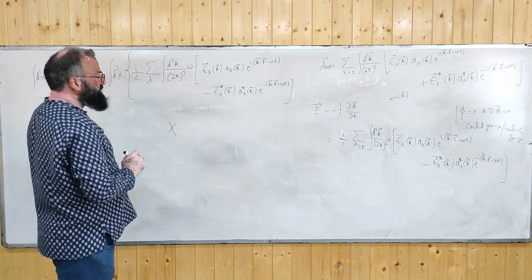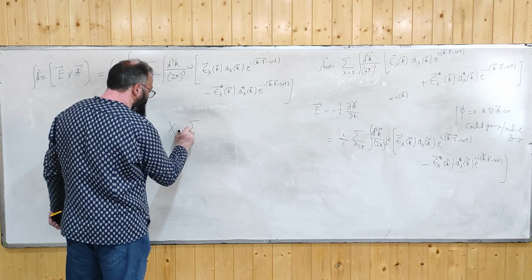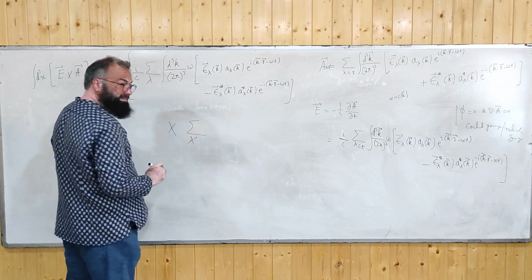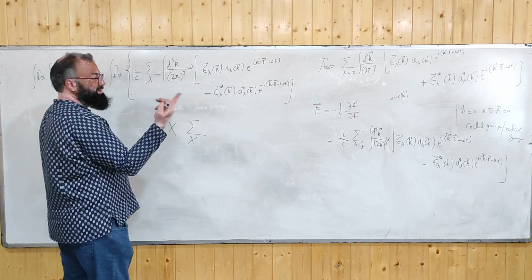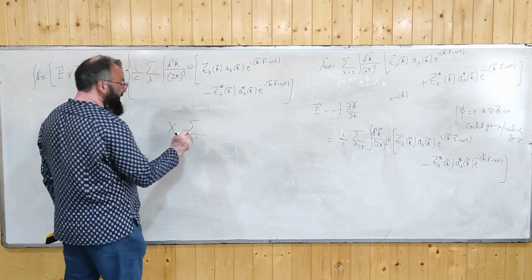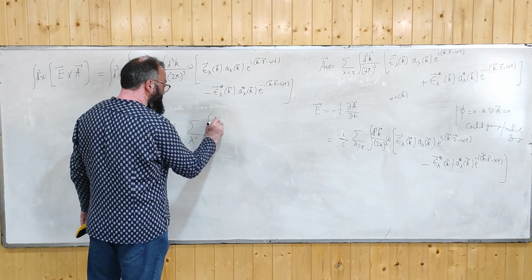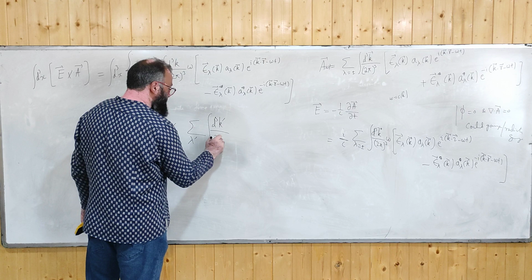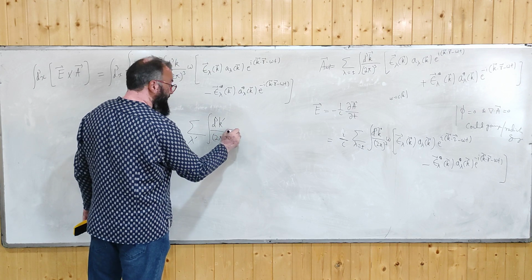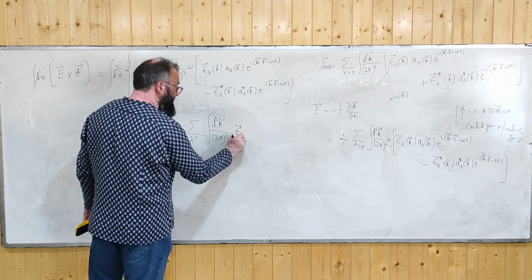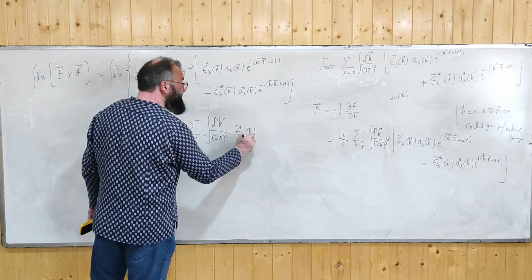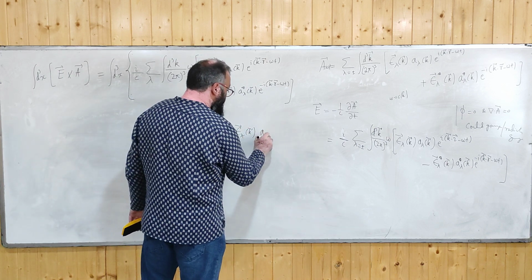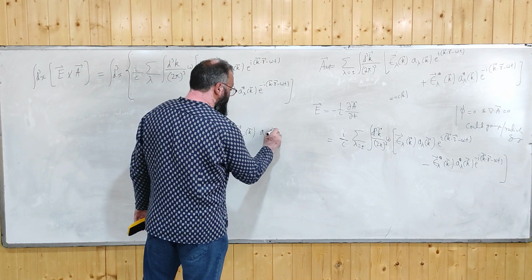So crossed with, let me write summation over lambda prime. Now I will use the second lambda as lambda prime, and let me write this as d3k prime by 2 pi cube. Then you are having this epsilon lambda prime k prime, a lambda prime k prime.